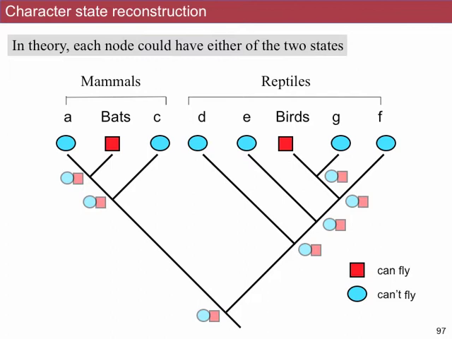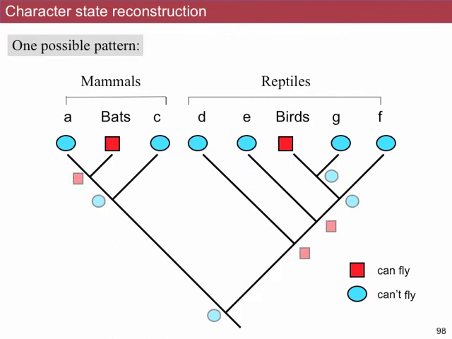Now, there are many ways we can simplify the model and throw away some of these possibilities. I'm not going to show you those right now. We'll talk about that later. What I'm going to do is posit three different scenarios. One of them is the model I showed you previously, with birds and bats having a change in their recent evolution. But let's test out some other models. So here's one. The ancestor here had flight. The ancestor here didn't. The ancestor here didn't.